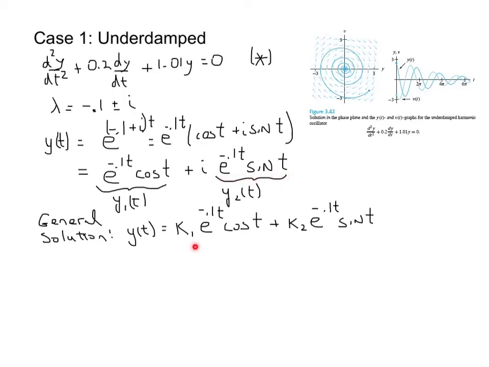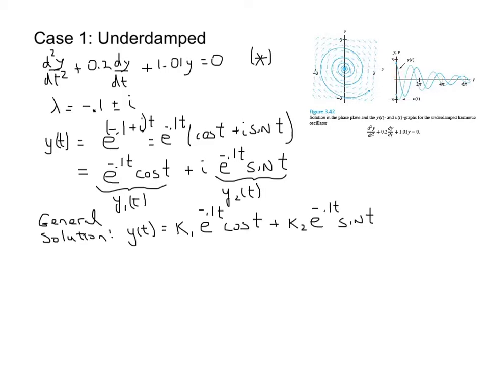So our general solution is of this form, and because the real part is negative, we are going to be spiraling in towards the origin. The graphs of x and y also have to be oscillating, of course, as a linear combination of sines and cosines.